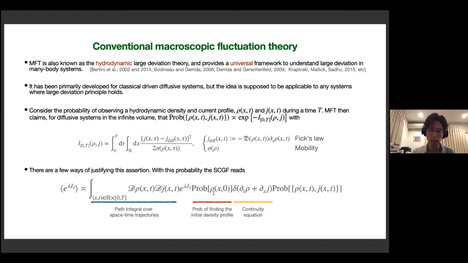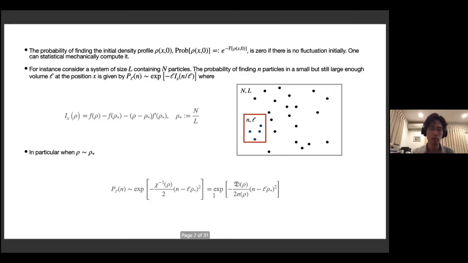So let me start with this probability of finding the initial density profile. Like I said, it's obviously trivial if there's no fluctuation initially. But in general, you have it, so you've got to compute it.